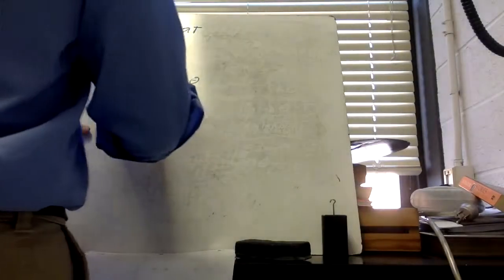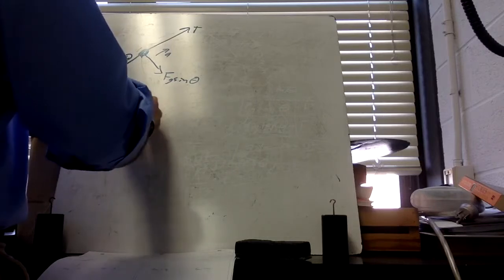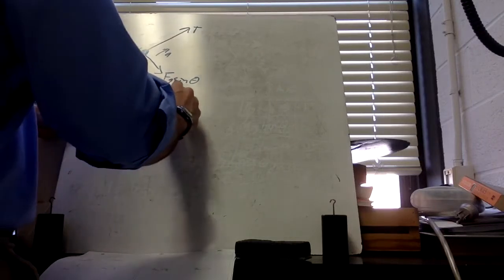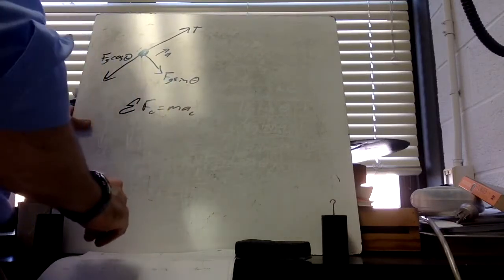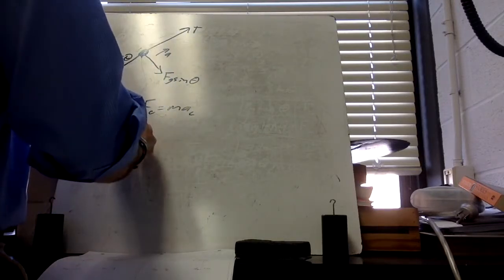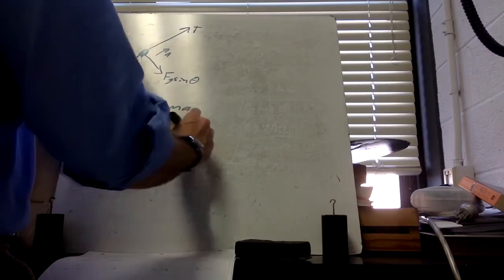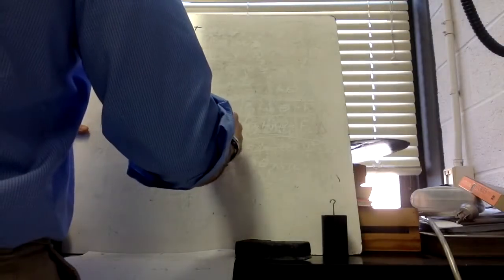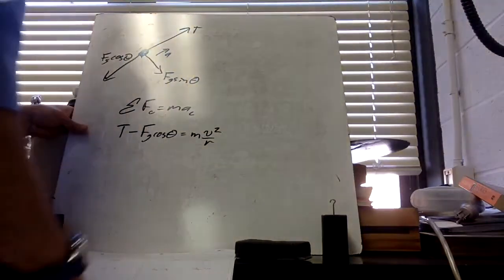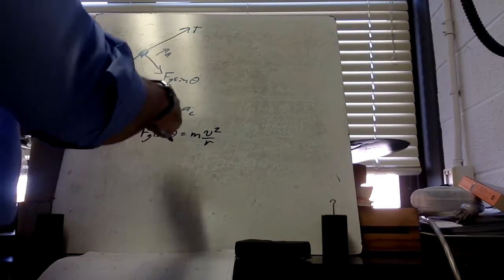All right, so the net force, Fc equals MAC. And so this is T minus Fg cosine theta equals mv squared over r. All right, and what about the tangential?